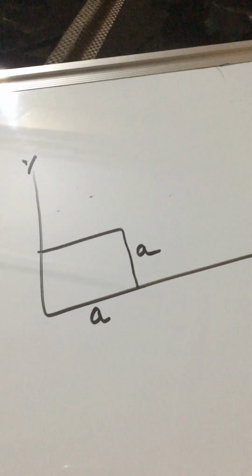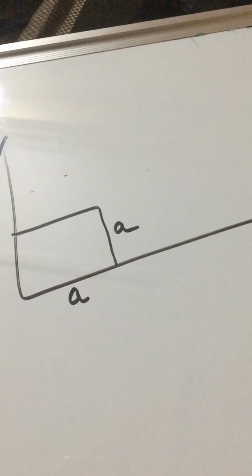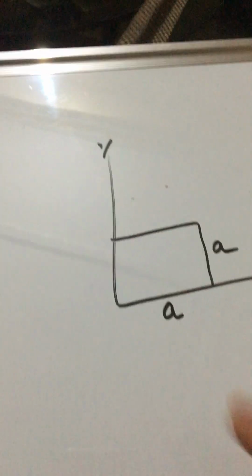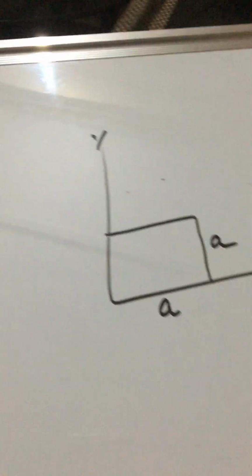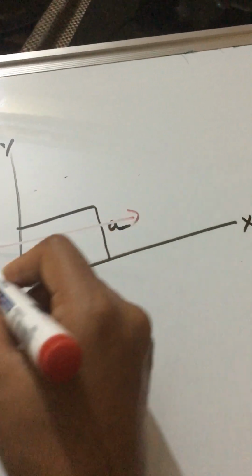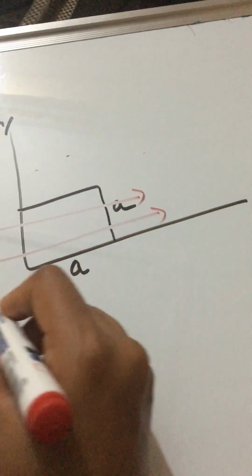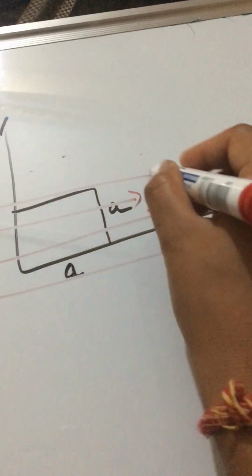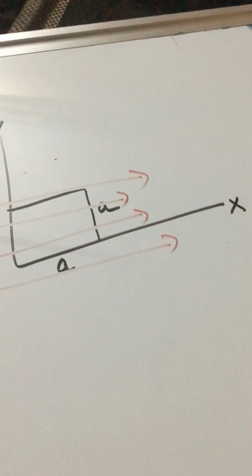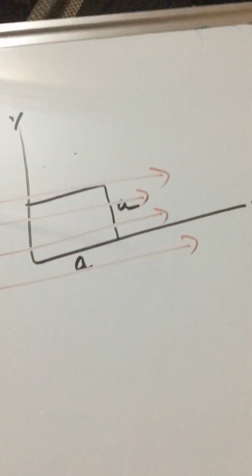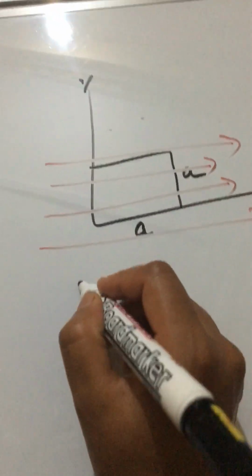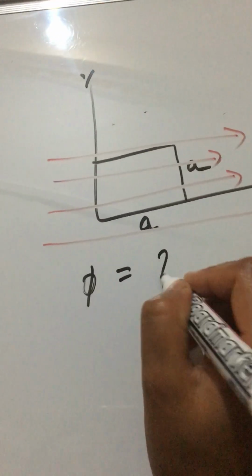Let's say it is kept in a uniform electric field, and the electric field is along the x-axis. The question is: phi equals how much?